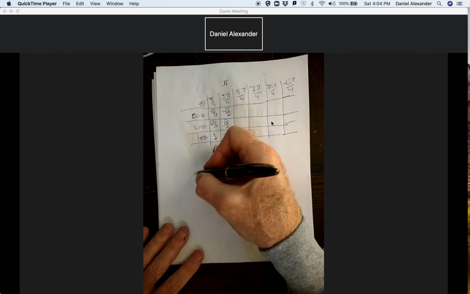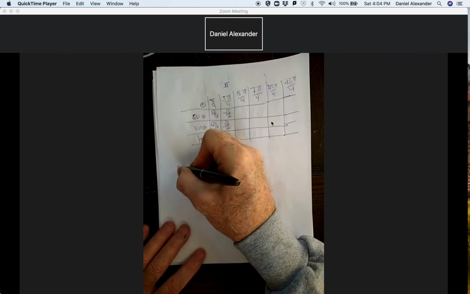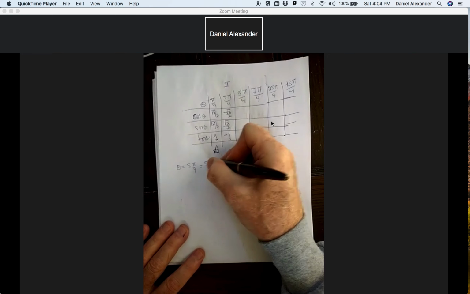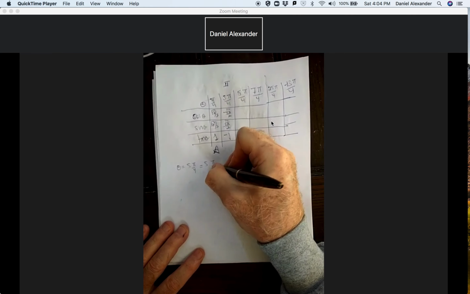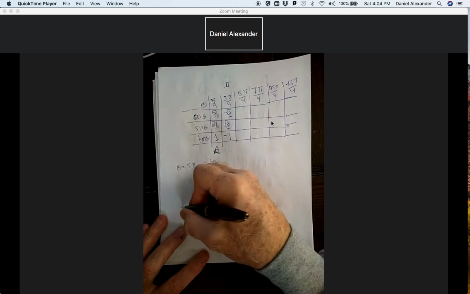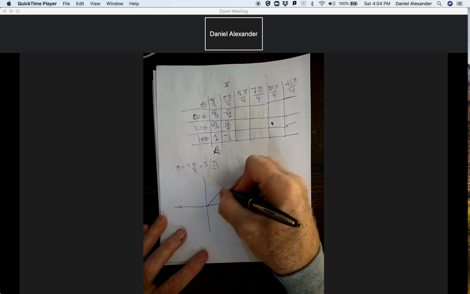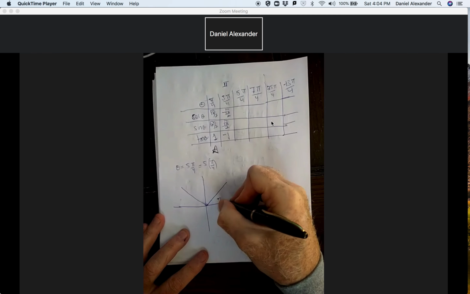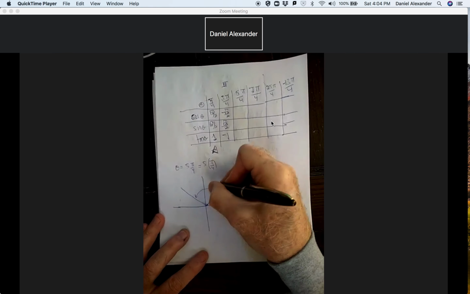Okay, so I'm going to do the next, theta is equal to 5 pi over 4, and that's going to be 5 pi over 4s. So this was pi over 4.